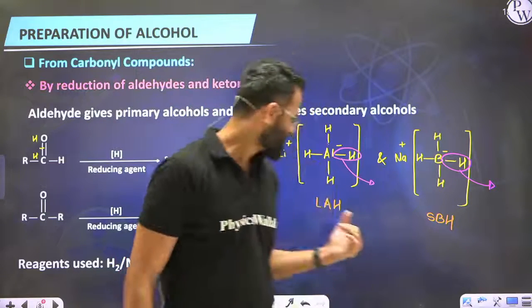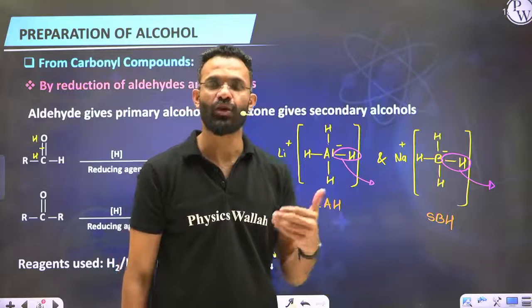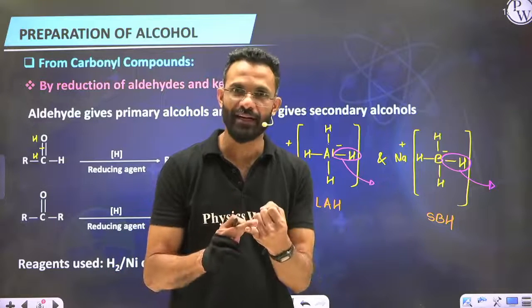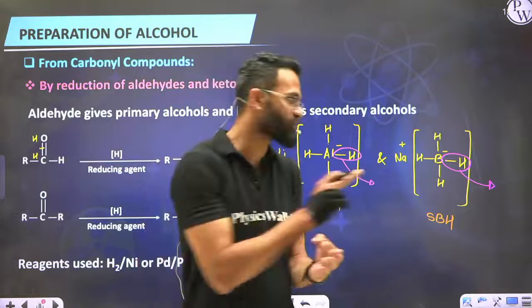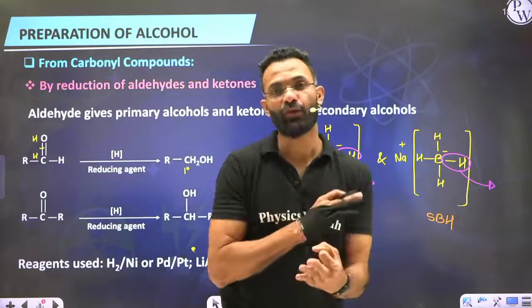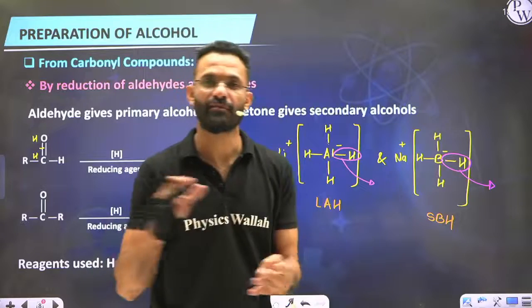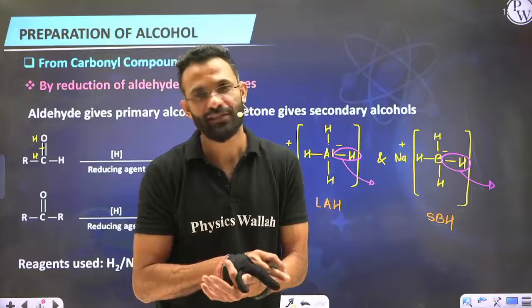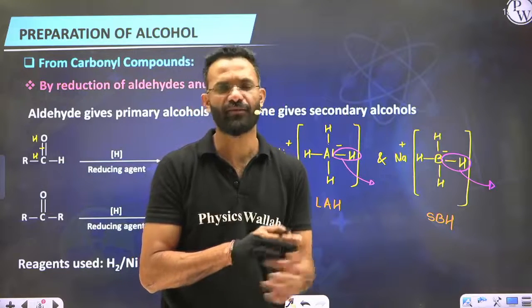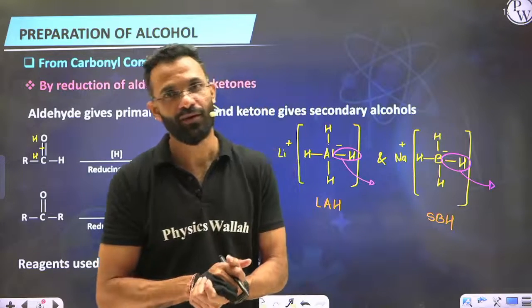Whereas lithium aluminum hydride being a strong reducing agent, it reduces aldehydes, ketones, acid chlorides, which were reduced by SBH as well. Along with this, it also reduces carboxylic acids and esters. You will see it also reduces amides, but we are not getting into amides as of now.